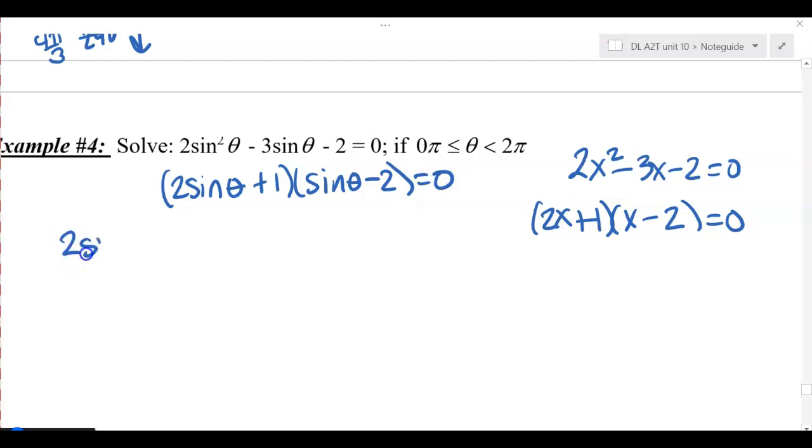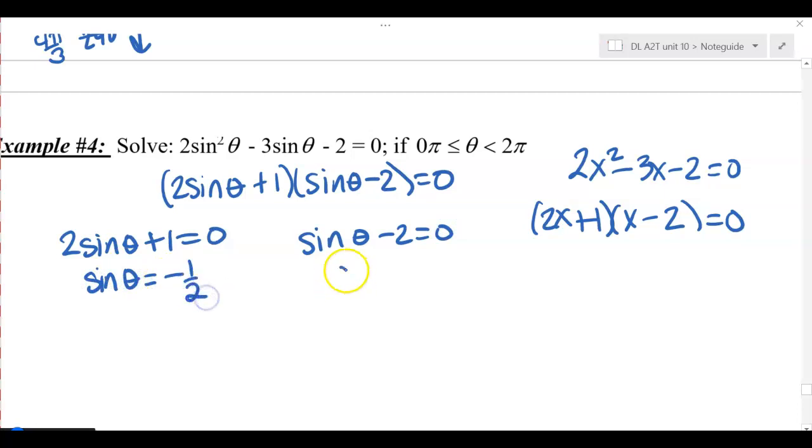So I'm going to set each factor equal to 0 separately. And so my two equations state that sine theta could be equal to -1/2, or sine theta could be equal to 2.